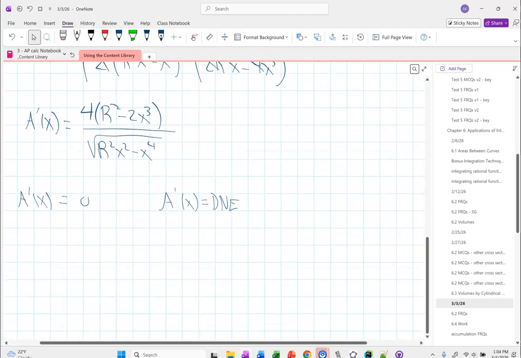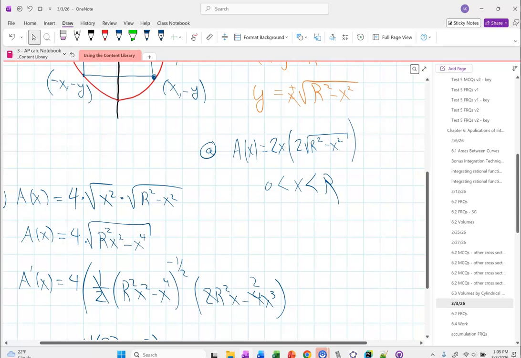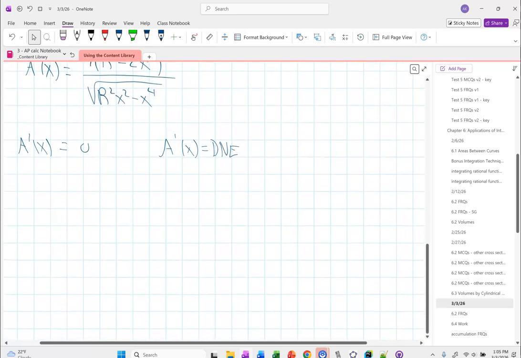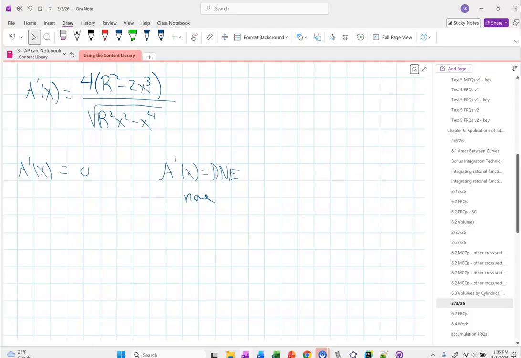And the same thing if x is equal to r, I'd have r to the 4th minus r to the 4th. That's 0. But r isn't part of my domain anyway, so that's fine. So it turns out that there are no values for x that make this derivative undefined that are still in the domain for x. So that's good. Okay. So now I'm just going to set this thing equal to 0.